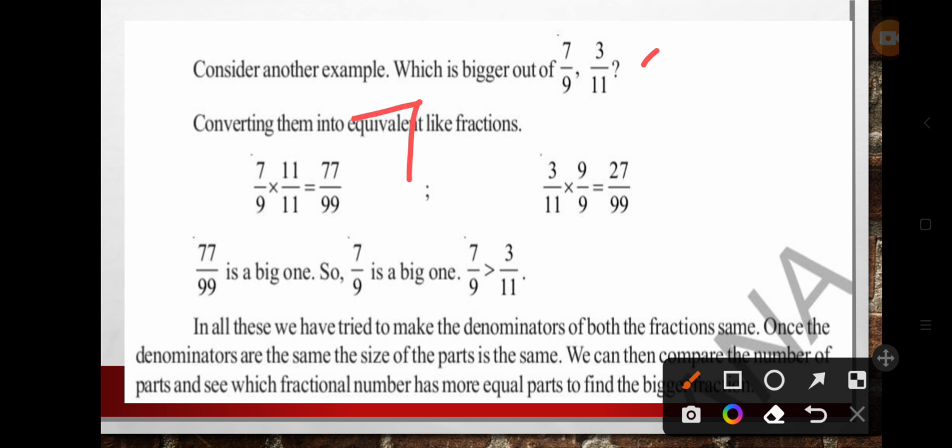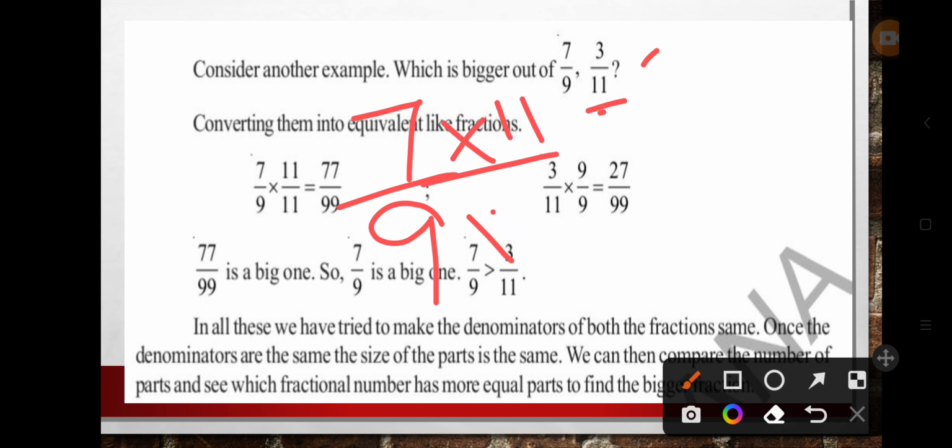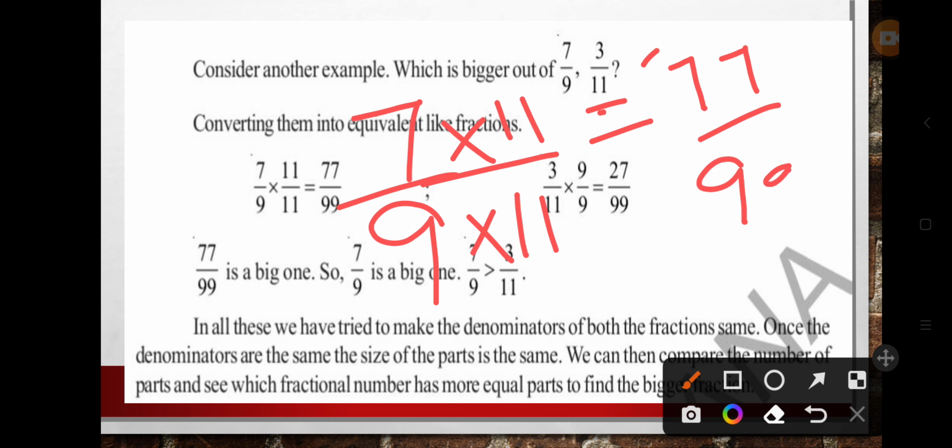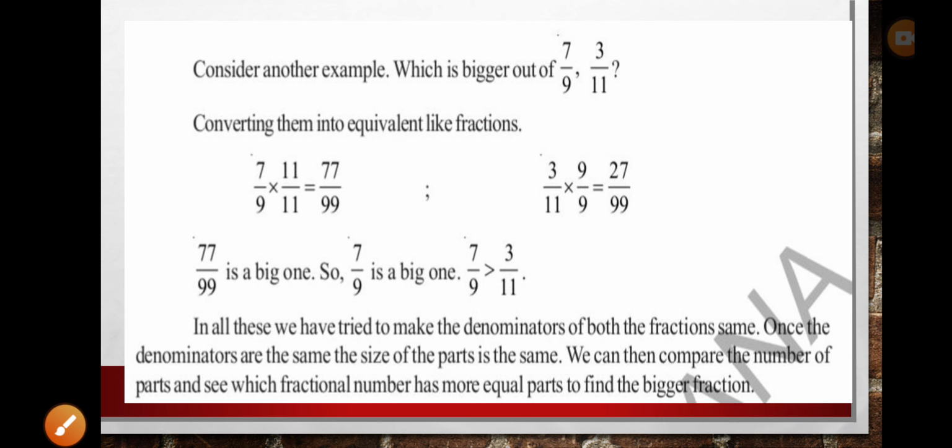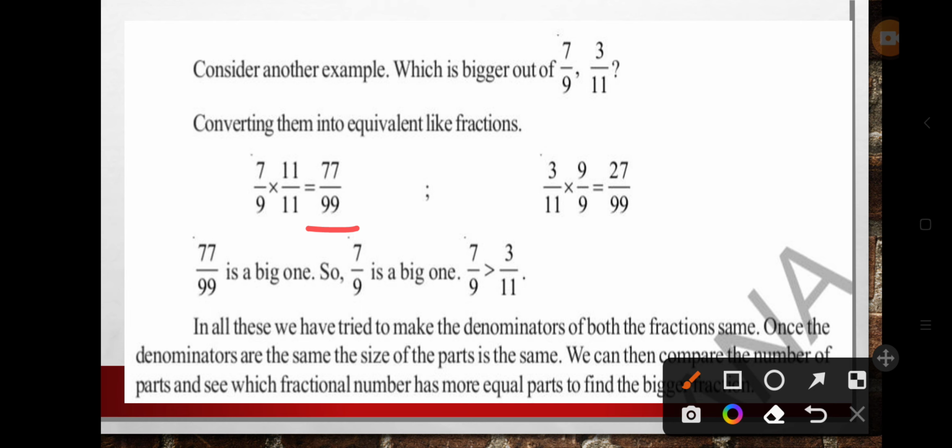Take 7/9 as the first fraction, and we have to multiply the first fraction with the denominator of the second fraction. 77/99. Then take the second fraction, that is 3/11.